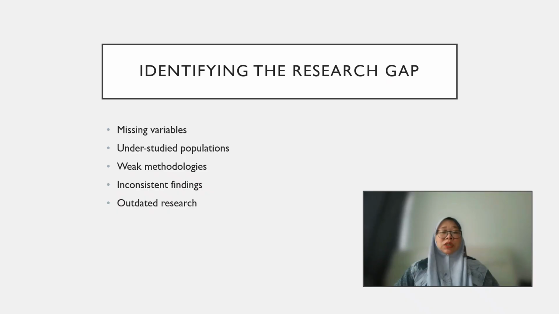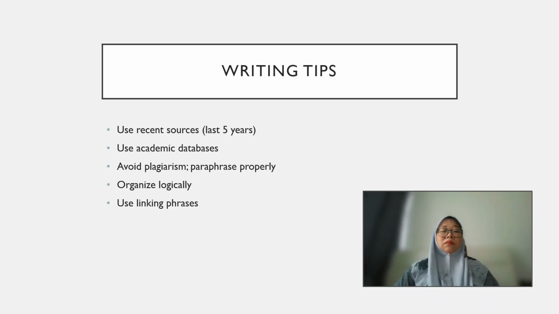It might be a population that has not been studied. It could also be a variable relationship that lacks evidence, or even a methodological weakness, like a small sample size. Clearly stating the gap will strengthen your justification. In academic writing, always prioritize recent, credible, peer-reviewed sources.